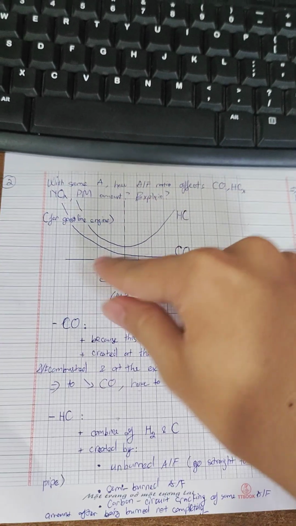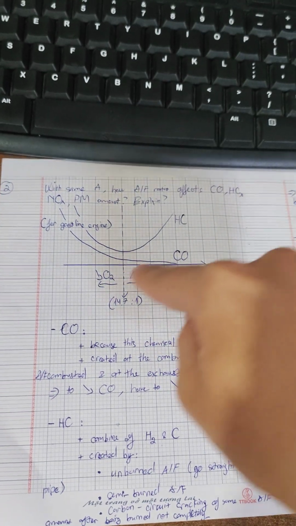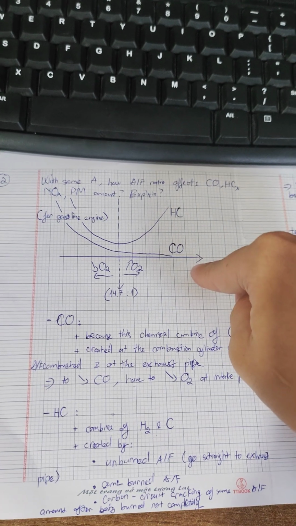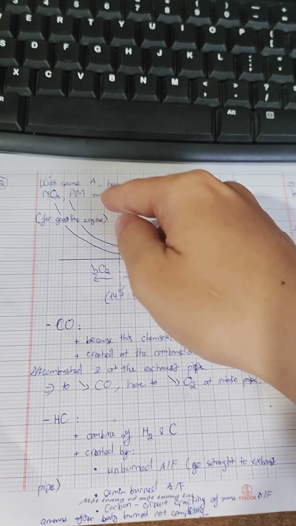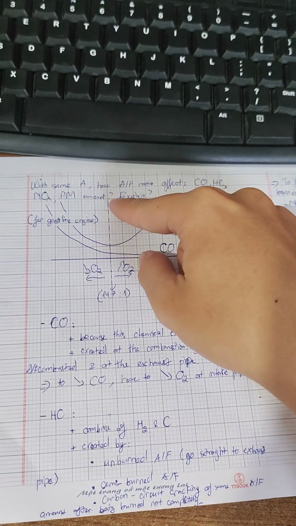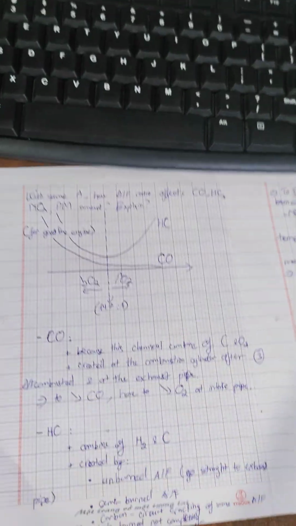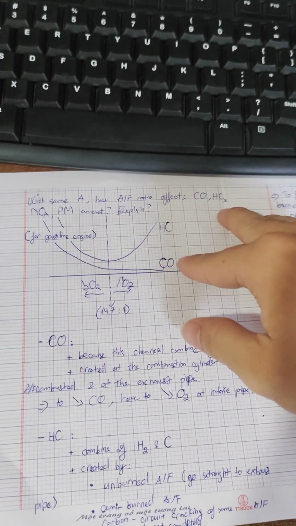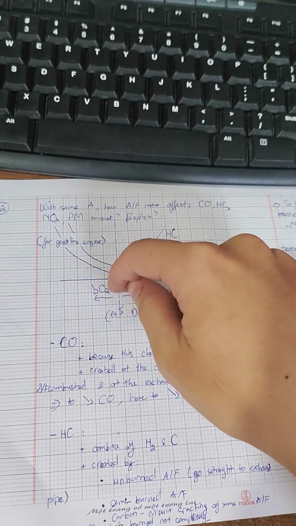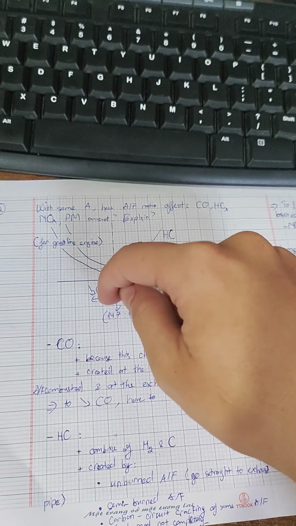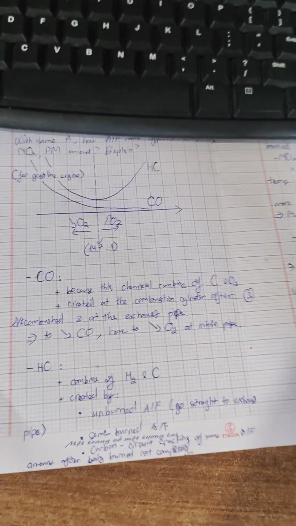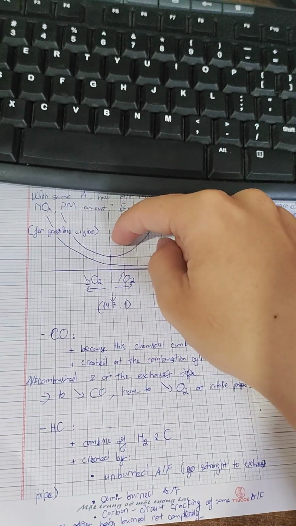In this graph, the vertical line is the amount of oxygen. This middle vertical line is at the 14.7 to 1 air-fuel ratio of a gasoline engine.